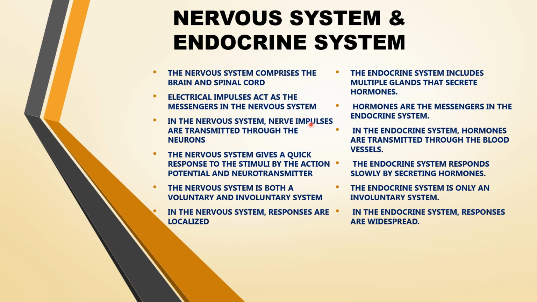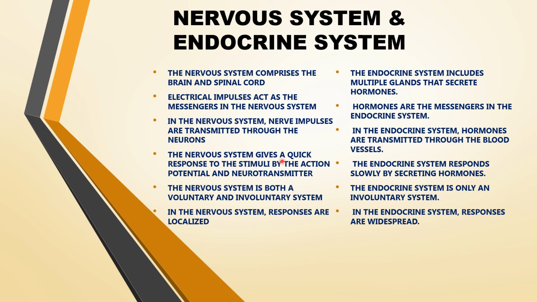In the nervous system, nerve impulses are transmitted through neurons. In the endocrine system, the hormones are transmitted through blood vessels. No separate duct is there for the hormones to pass, so they are secreted through the bloodstream.